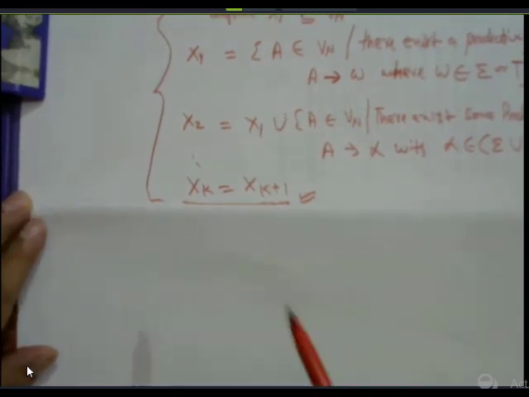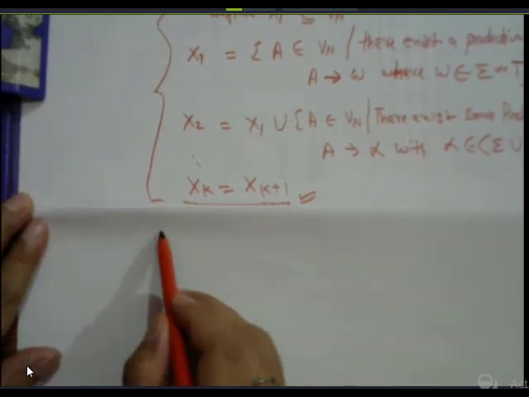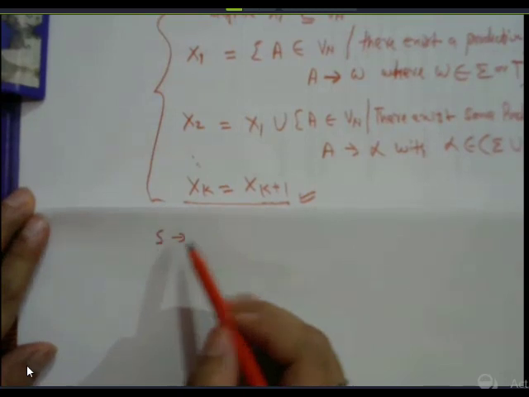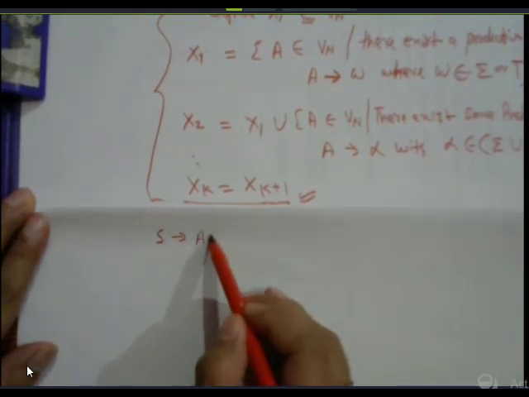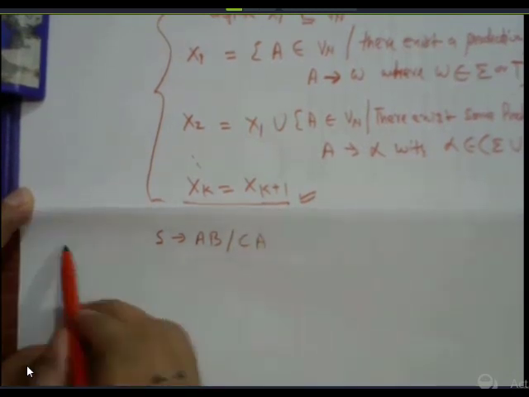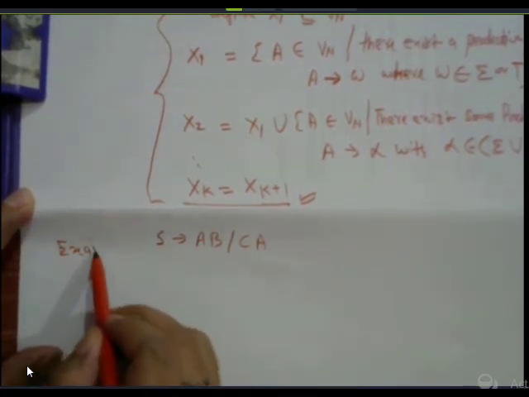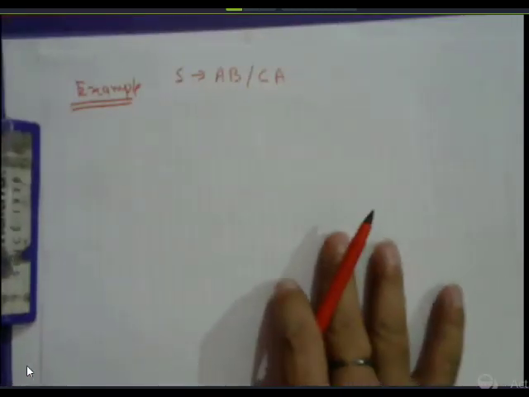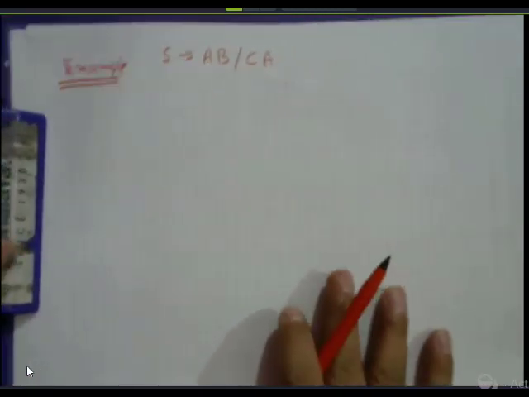Let's take an example of how to simplify the symbols of a grammar. The grammar is in the form of: S tends to AB or CA.